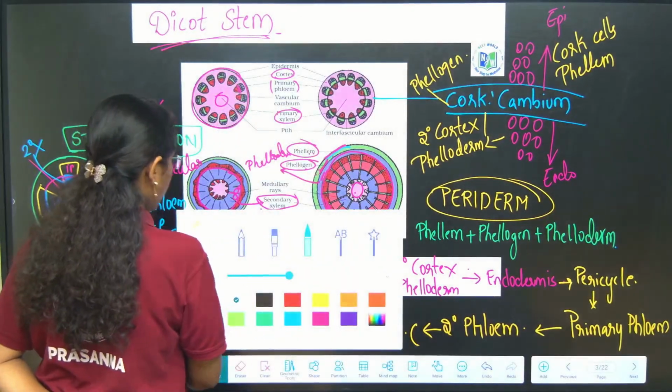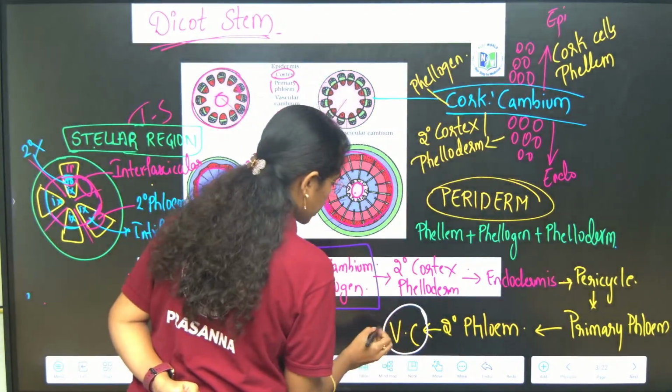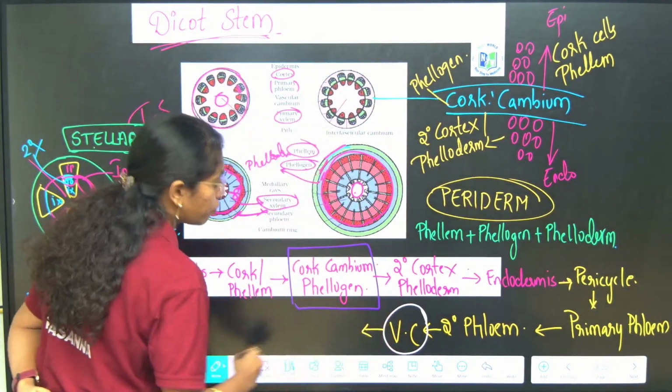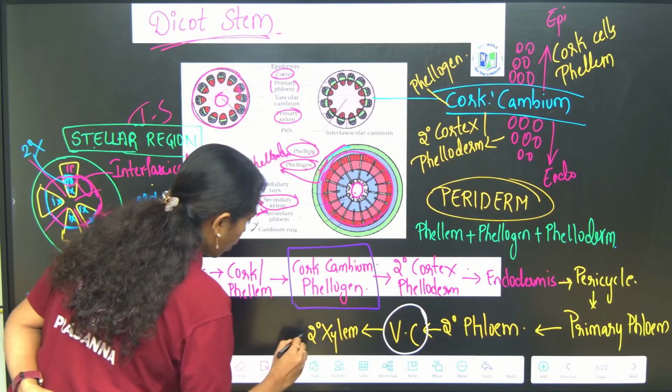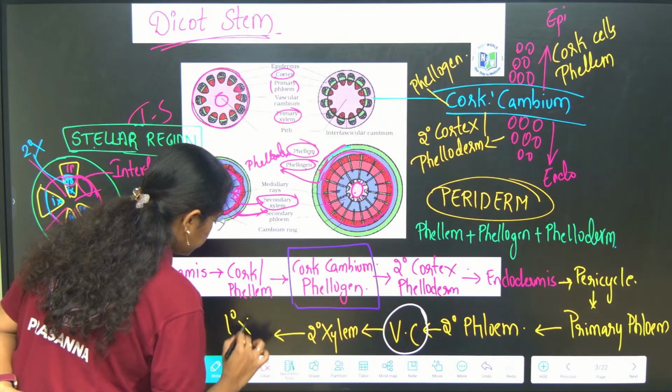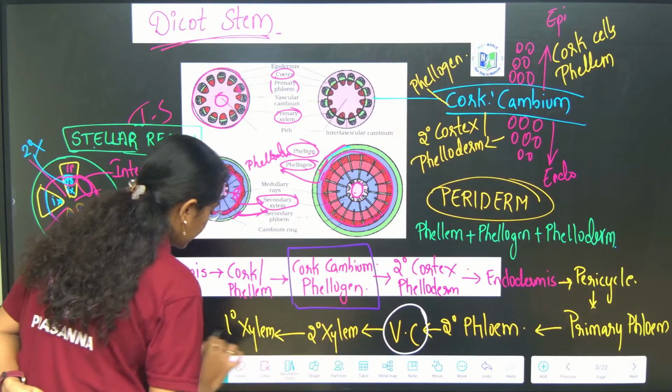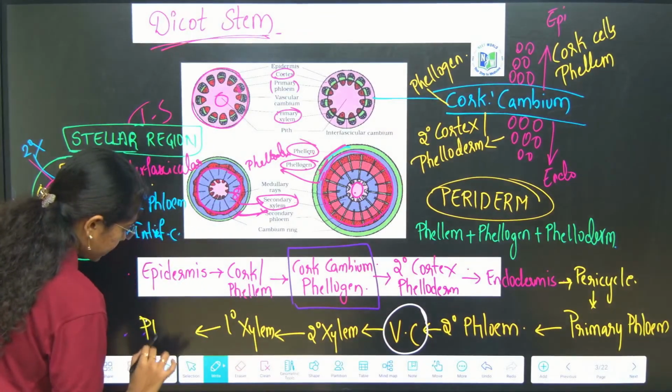Okay. So, here vascular cambium activity is present. This vascular cambium followed by secondary xylem, followed by primary xylem, and lastly at the center, that is pith.